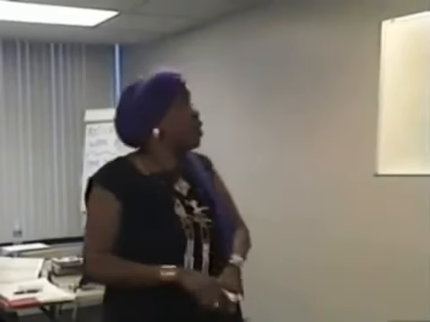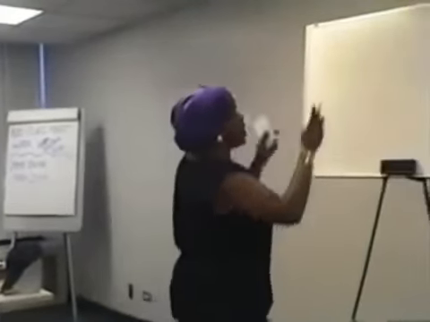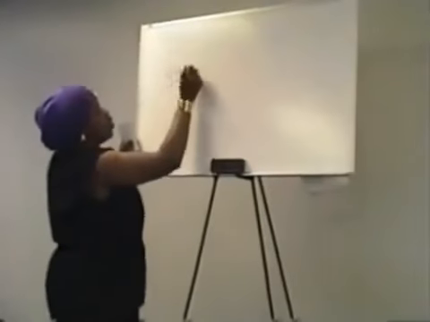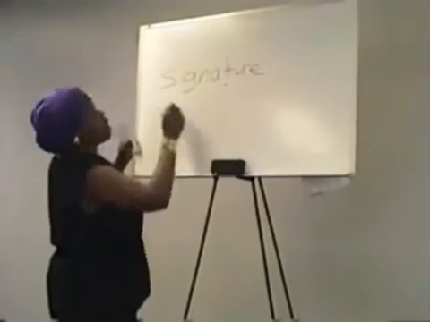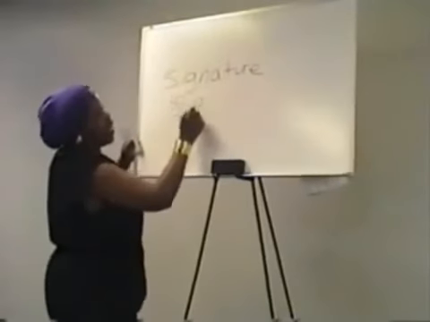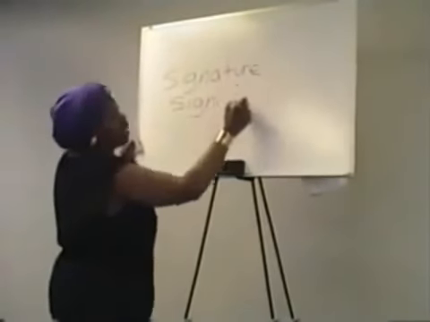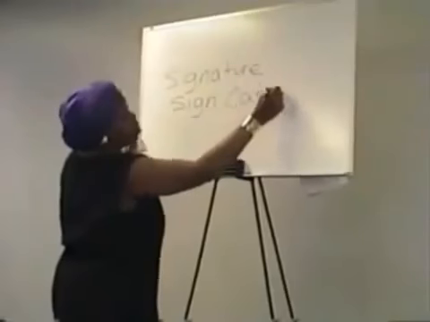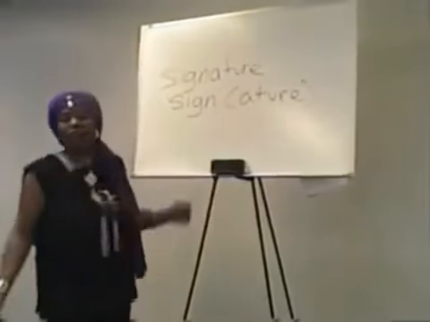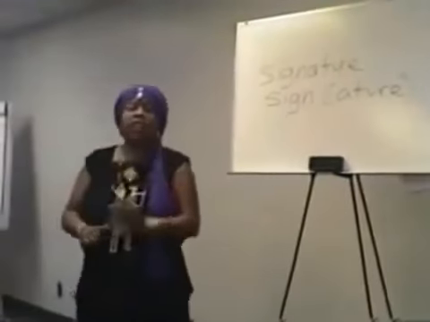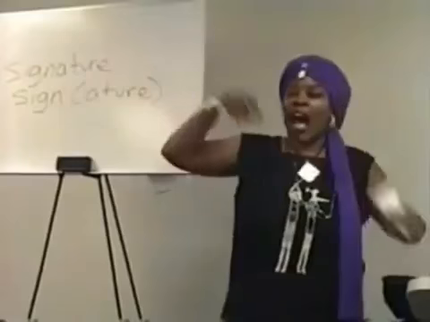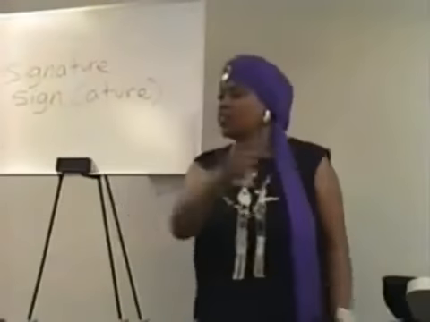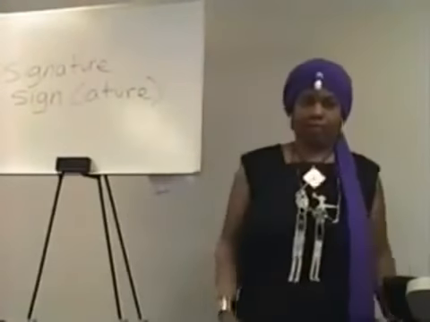So anything that you put your name on where it says signature, or it says sign, which is a contraction of signature, you have attested to the validity of the instrument. That's what the word signature means. That I am stating that this instrument is true and valid.